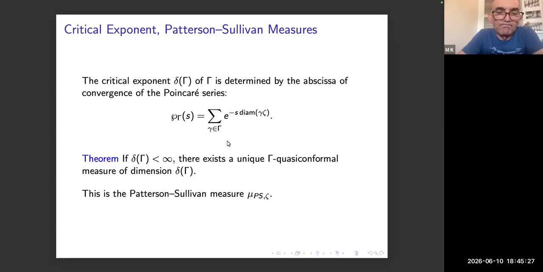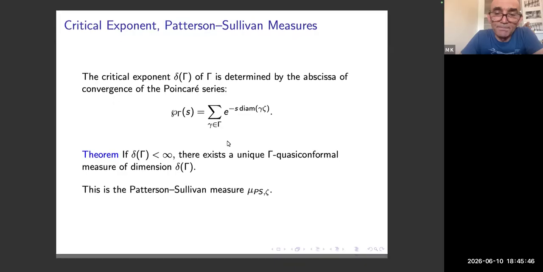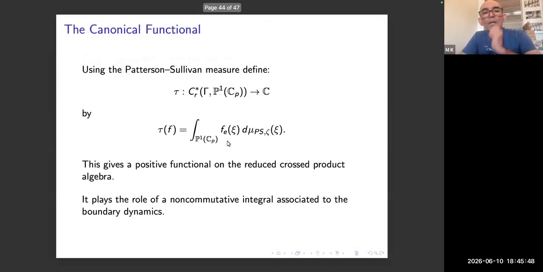And you get these measures, the Patterson-Sullivan measures, mu PS, and you can use these measures to do integration over this projective line, P1 of C. So you define this kind of trace.